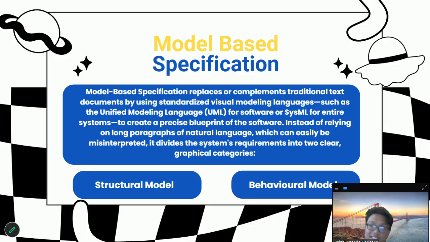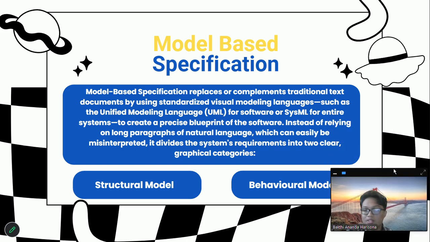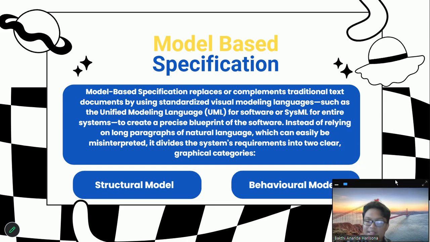It divides the system requirements into two clear graphical categories: first is the structural model and second the behavioral model. Don't worry, I will explain this in the next slide.